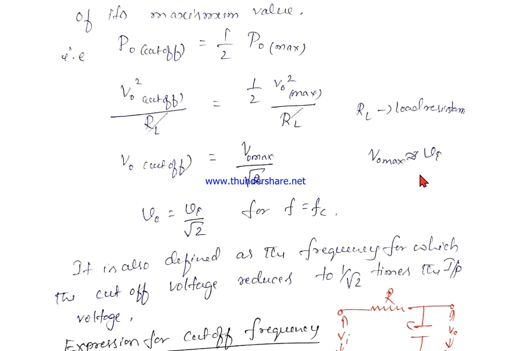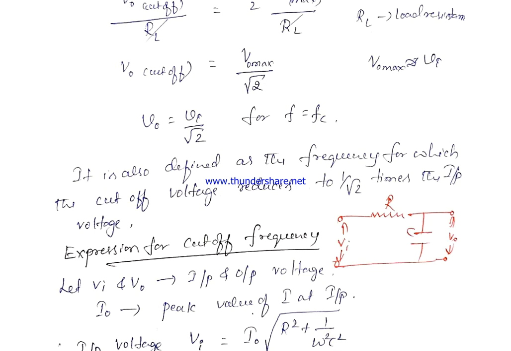V0 maximum is nearly equal to the input voltage, since whenever the total input comes at the output, that is the maximum. So V0 is equal to Vi divided by root 2 when the frequency of the input source is equal to the cutoff frequency.